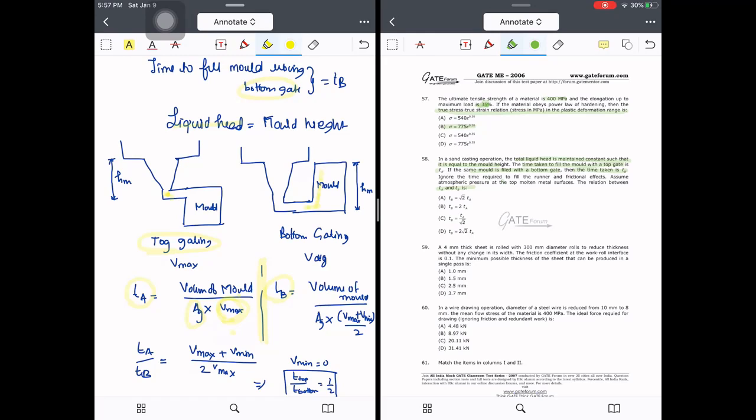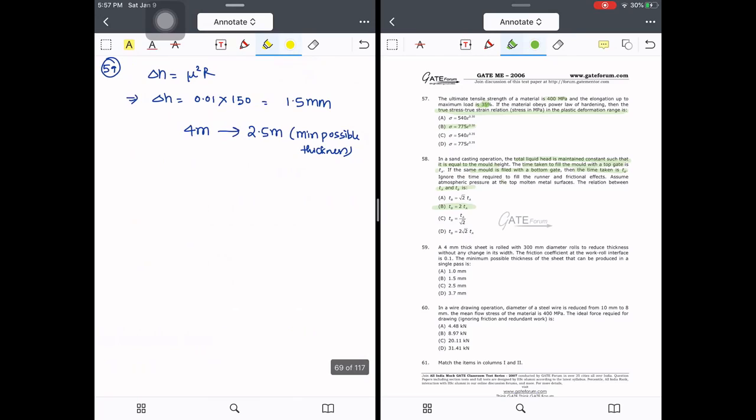Therefore TA is inversely proportional to velocity. Here the velocity is V max, and here it is V max plus V minimum by 2. If I take the ratio, T top by T bottom is equal to half. So T bottom is equal to twice that of top.